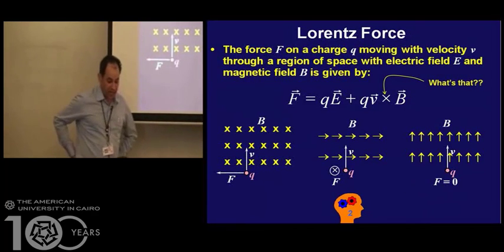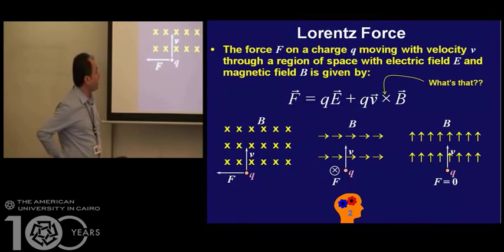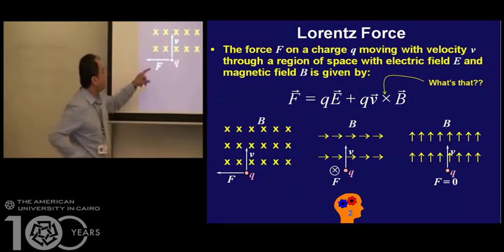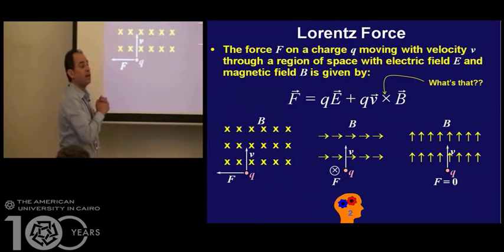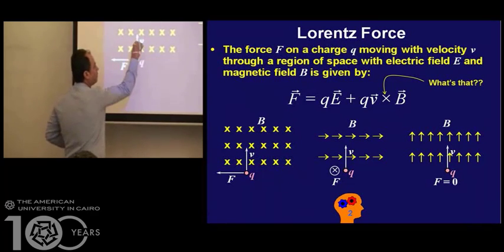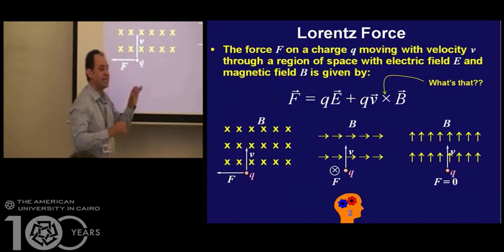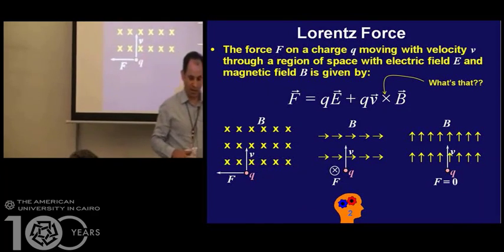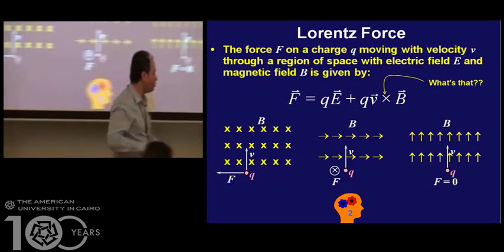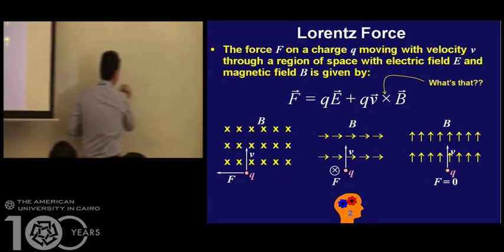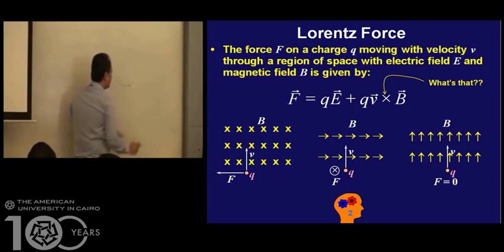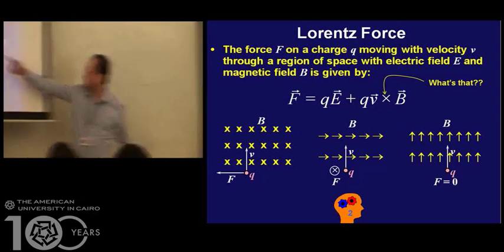Okay, so guys, look at those three diagrams. In here, the crosses mean the magnetic field is into the page. That cross means this is the tail of an arrow, and usually that's how we draw the arrow. If you look at the tail, it will look like a cross.